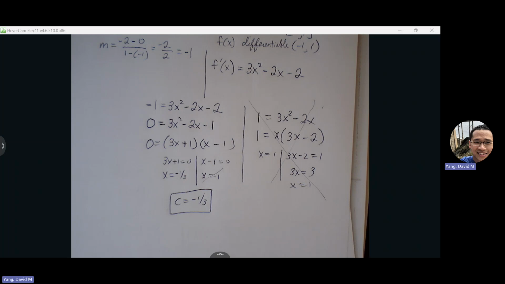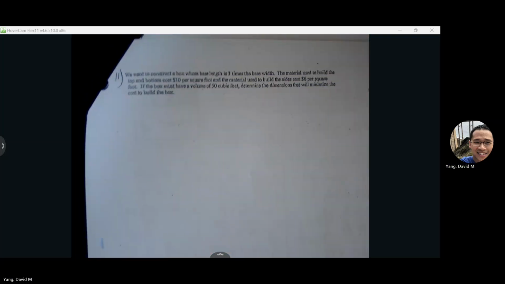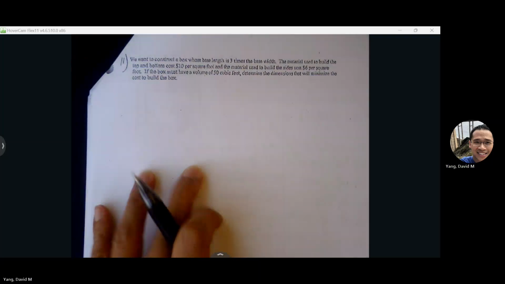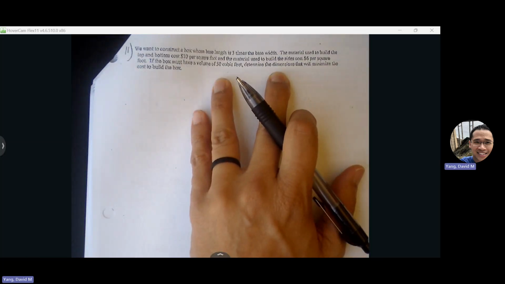Okay, I want to make sure I get in another optimization problem. So we can turn to page 26. Let's see how much we can do on our own. We've done a couple of these over the past few days.